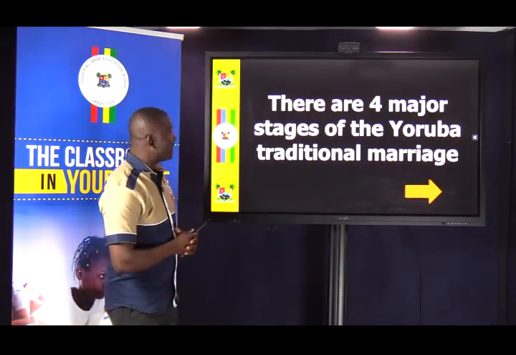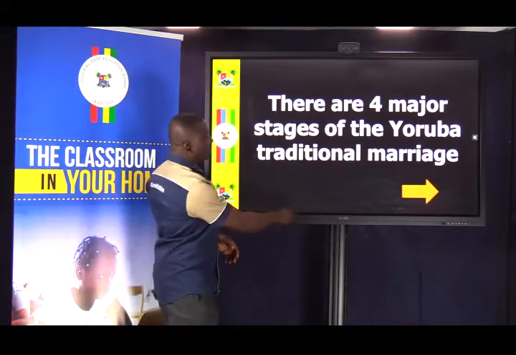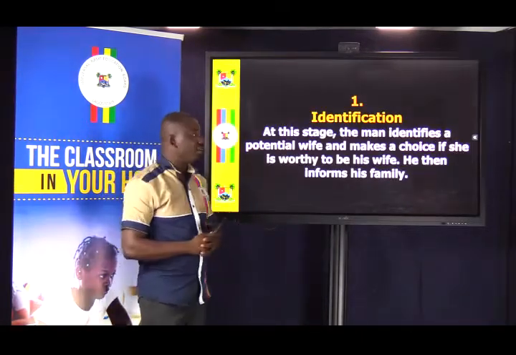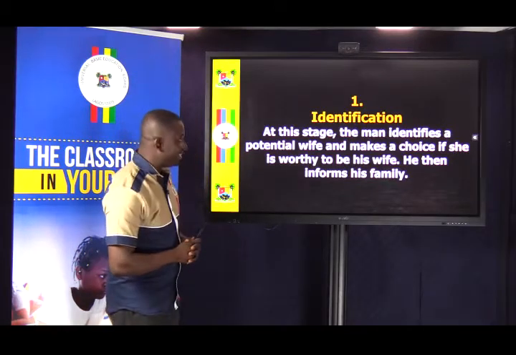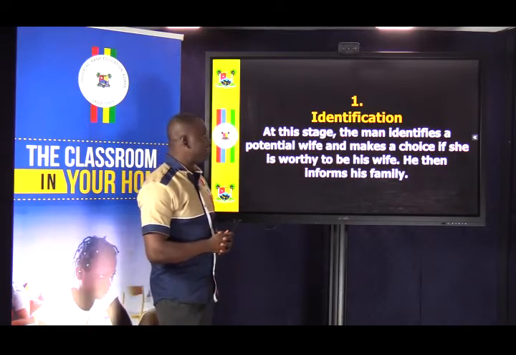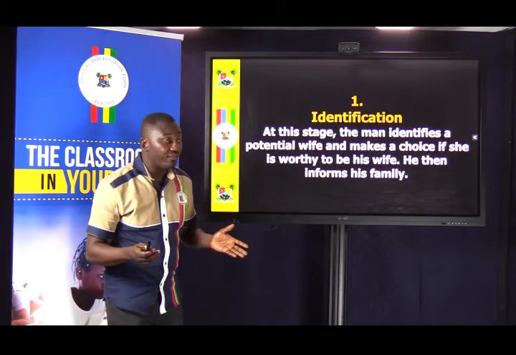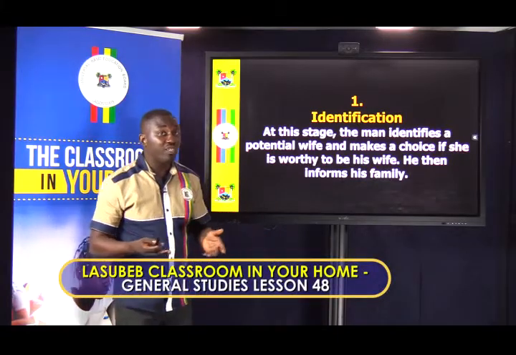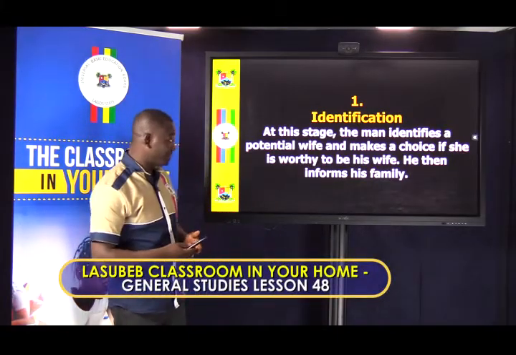Now, the 4 major stages of the Yoruba traditional marriage include, number 1, the identification. What did I call it? Identification. All right. At this stage, the man identifies a potential wife. It could be the man that will identify the wife. It could be the family. It could be the father or the mother. Okay?